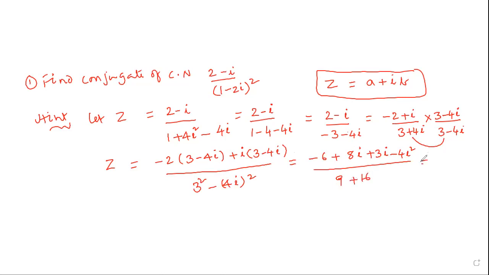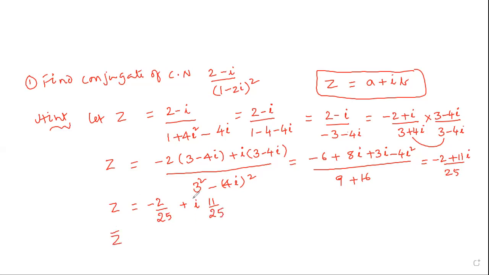Now this can be written as plus 4, minus 2 plus 11i by 25. Now I will write z is equal to minus 2 by 25 plus i into 11 by 25.